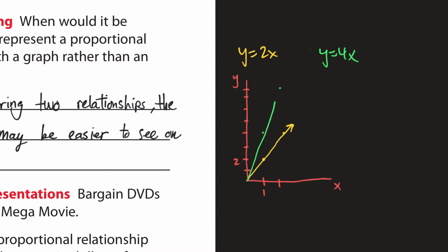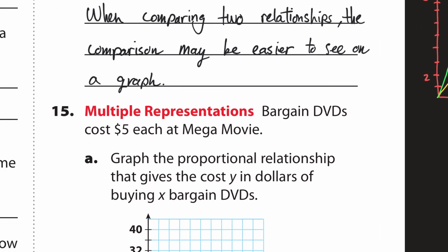The point is you can visually see this one is taller than this one. I guess it's easier to look at it this way, but I can also see that 4 is bigger than 2, so this is going to yield a larger y number than this one will. But that's what I'm getting at with this statement here.